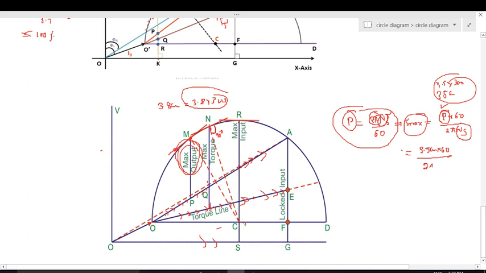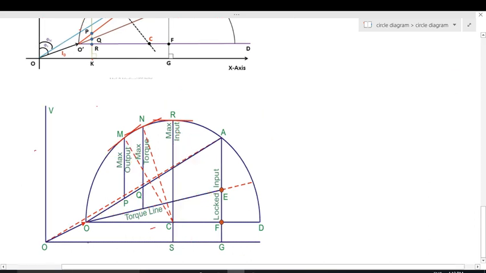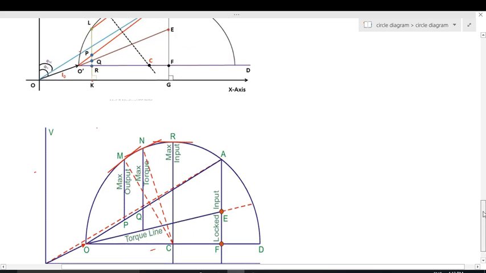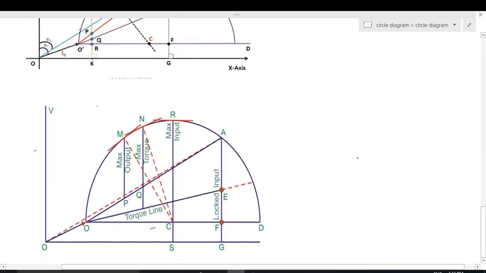This is the constant losses, these are the stator copper losses, this is the rotor copper losses, and above indicates the output. So the summation of all these is input. So the OSG line indicates the input line. In this way we can find the maximum torque, maximum output, maximum input, and efficiency, everything by using the circle diagram.